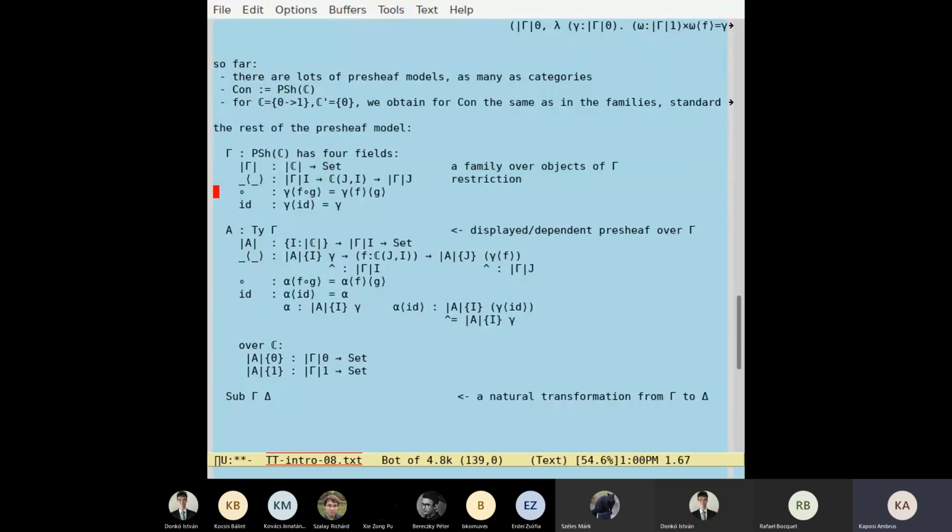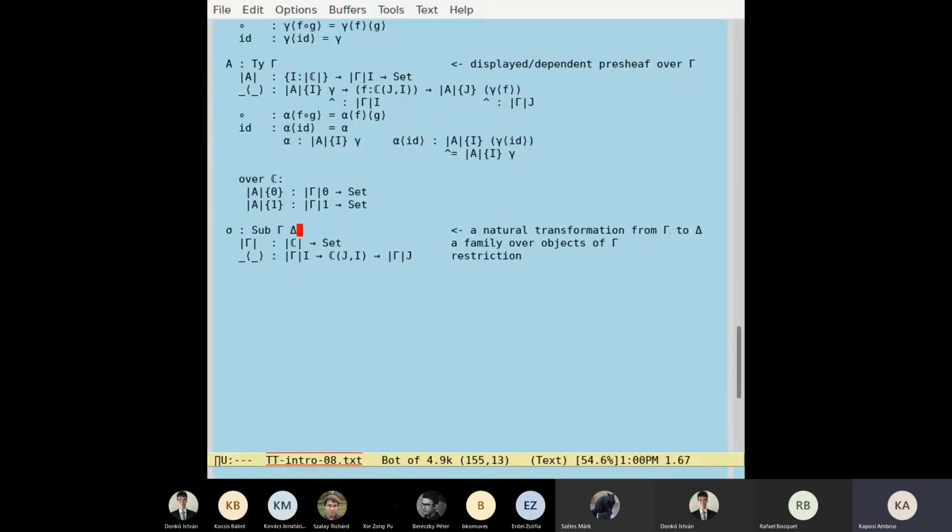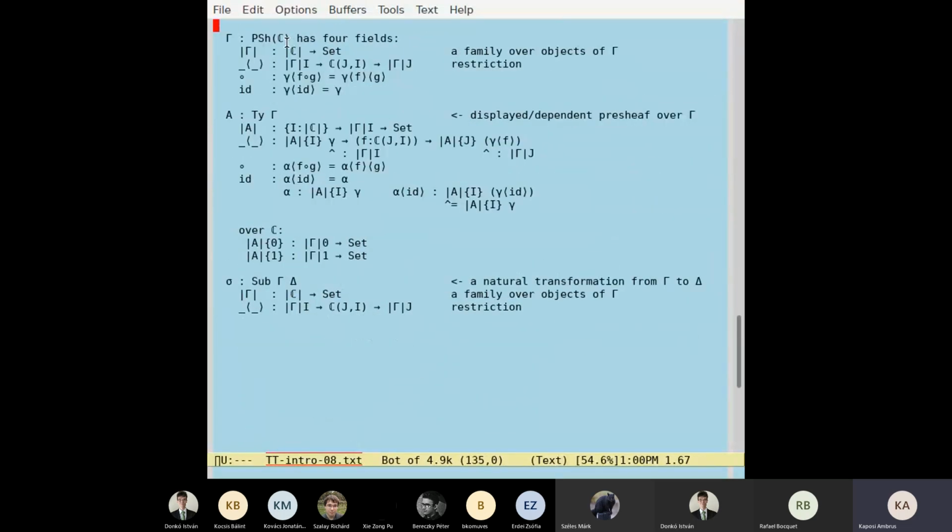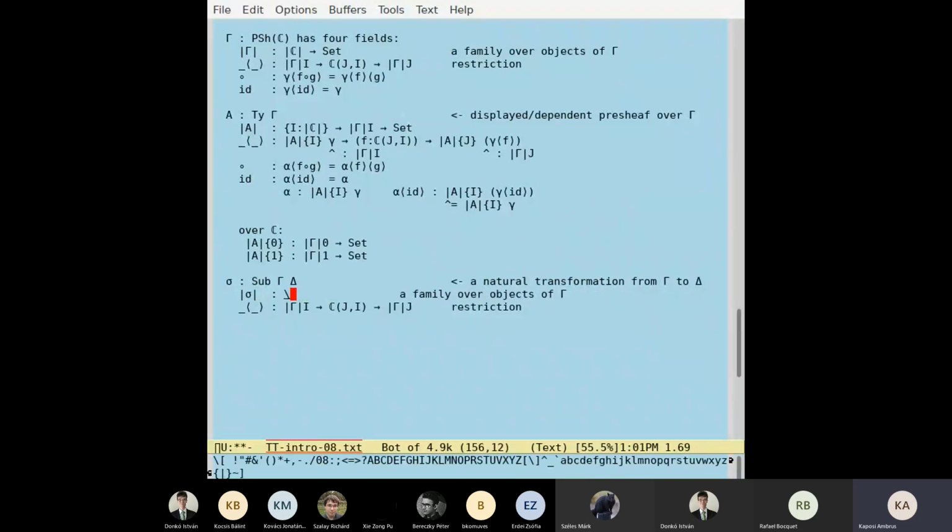But you can also, if you just look at these two definitions, it's very straightforward to define what you mean if you have a gamma and a delta with these 4 components. What is the map between these 2 things? So first you need a map between gamma and delta. That's quite simple. So you want to go from gamma to delta, right?